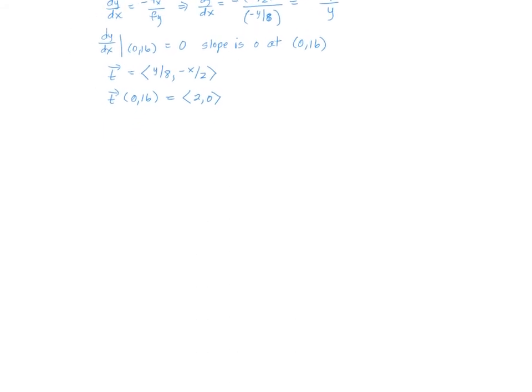If I take this vector and dot it with my gradient vector, remember our gradient vector is negative x over 2, negative y over 8, but I'm evaluating this gradient vector at the point 0, 16, which gives me the vector 0, negative 2.